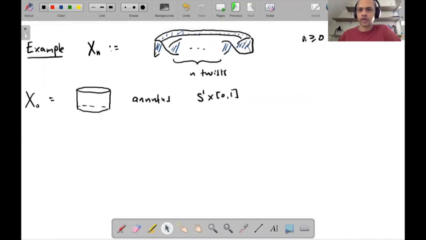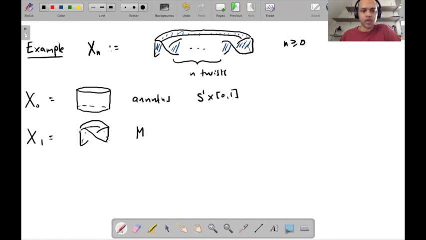Okay, so X0 is that. X1, when we have 1 twist, looks like this. This is called the Mobius band.